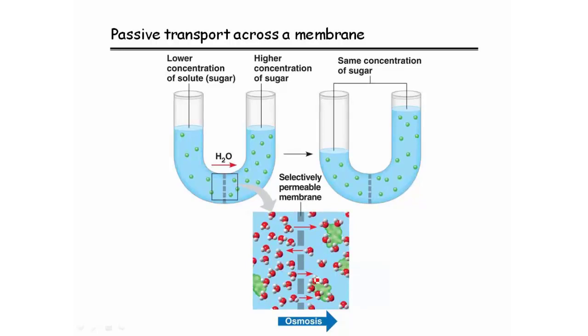So we're making a hydration shell, which is why these are actually soluble in our water. Notice that on this side, we have high solute, and if we have high solute, we have lower free water. On the other side, we have low solute, and this is going to mean that we have higher free water.